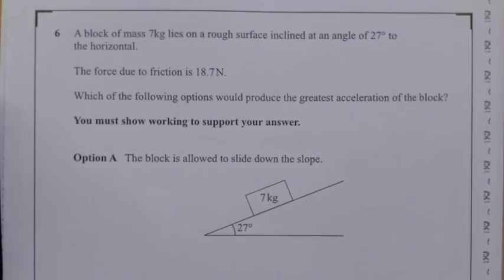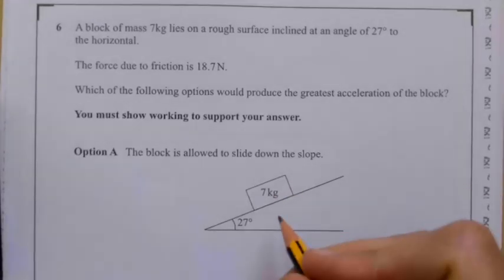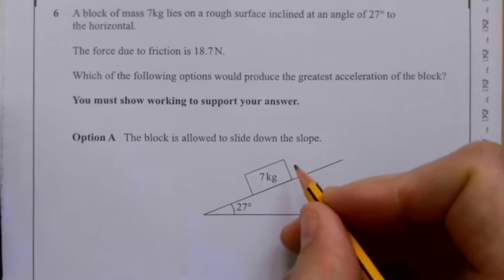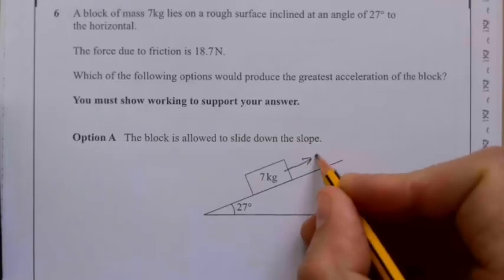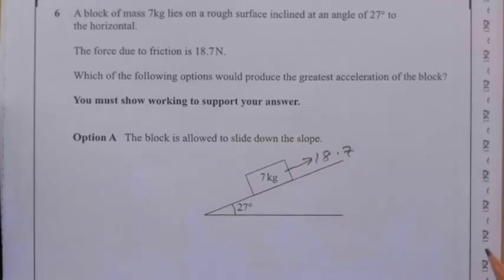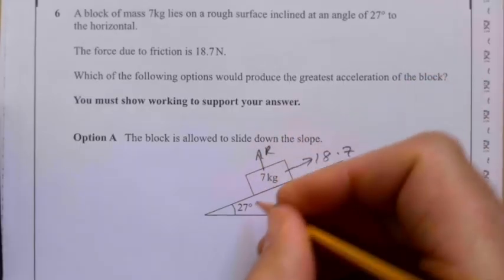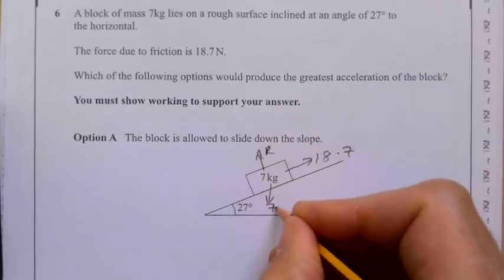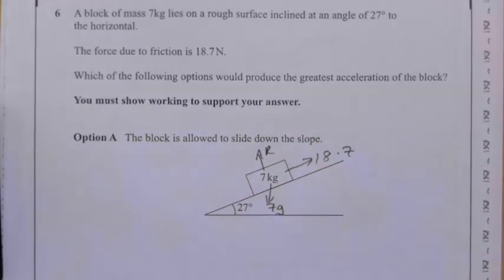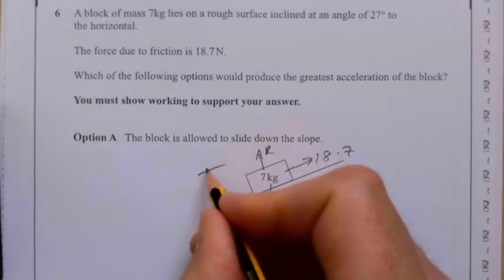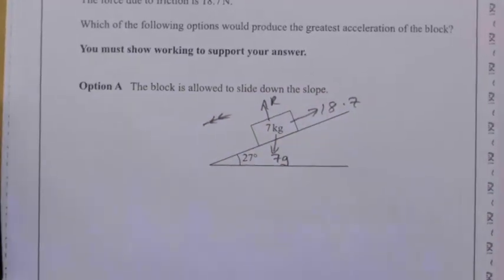So first of all, the block is allowed to slide down the slope. If it's allowed to slide down the slope, then the friction will be acting this way here. So that's 18.7. We have a normal reaction going this way, and then we have 7g acting down this way. It accelerates this way, so we would do F equals ma.